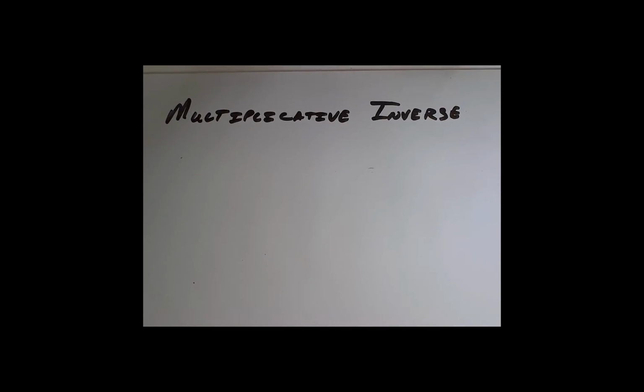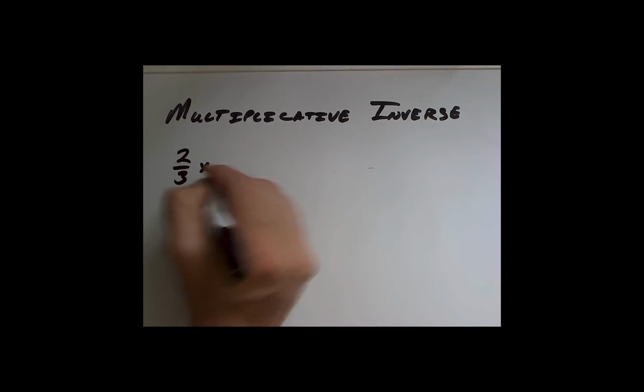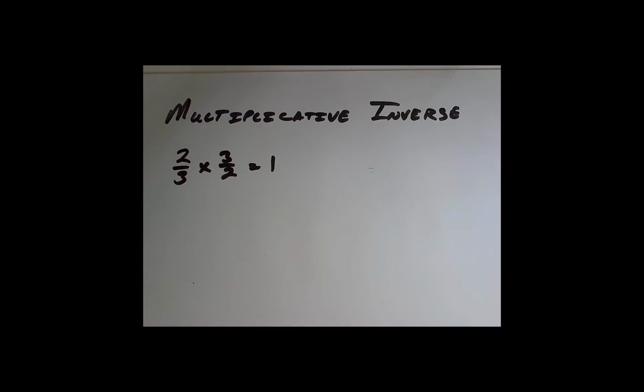Next is multiplicative inverse. Now, when we talked about 2/3 times 3/2 equaling 1, this is actually the multiplicative inverse. But there's other ways to think about multiplicative inverse. Let's say we had the number 5. What is the multiplicative inverse of 5?